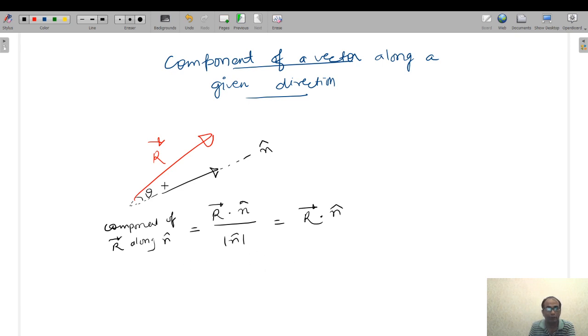इसका मतलब क्या हुआ, यदि आपको किसी वेक्टर का कंपोनेंट चाहिए along any direction, so you have to find the dot product between that vector and a unit vector along that direction, okay.